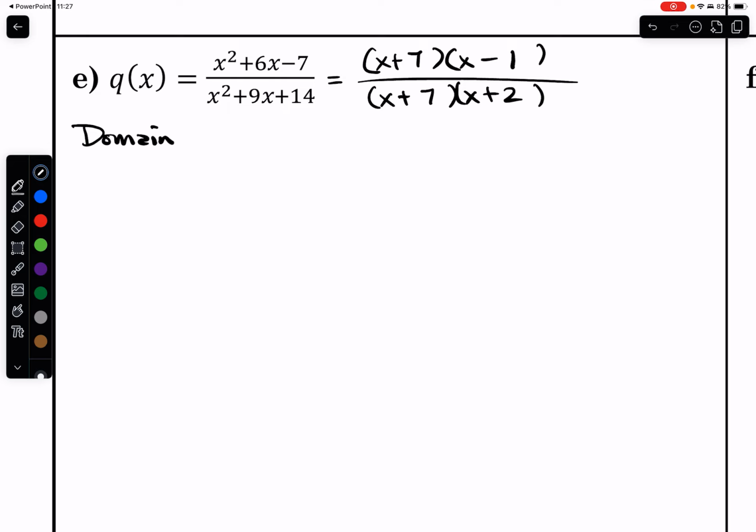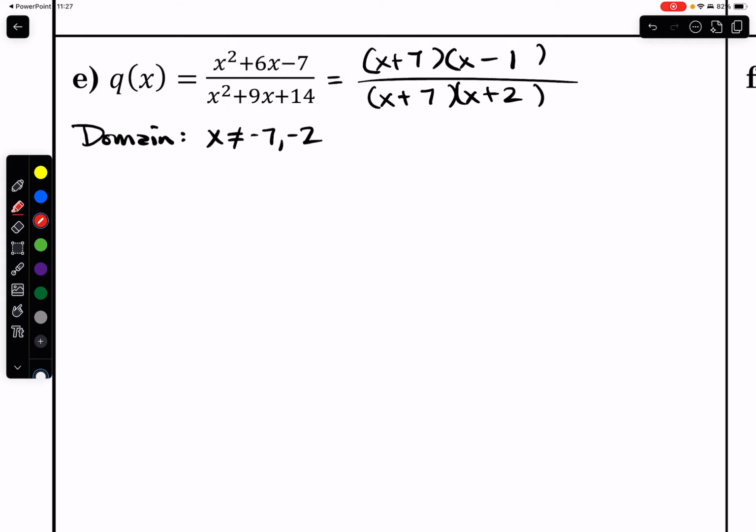So let's practice again the previous assignment vocabulary. Our domain will be all the values of x except for what makes the bottom equal to 0. So x cannot equal negative 7 and x cannot equal negative 2. Why can't x equal these numbers? Well, because they're discontinuous.